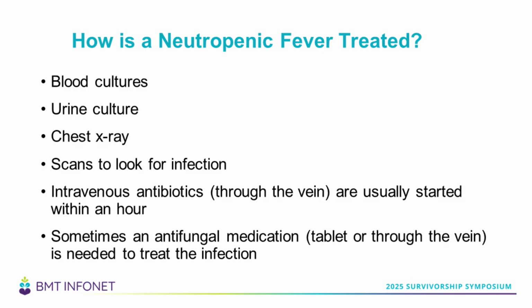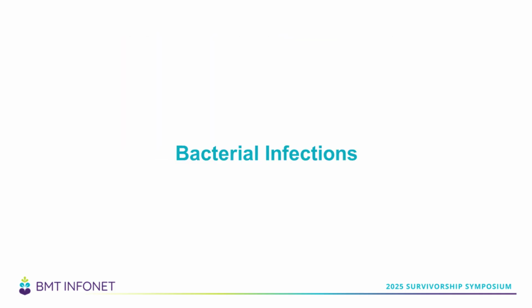Your team might obtain additional scans to look for infection. You'll be started on intravenous antibiotics. Those are antibiotics given through the vein, and these are usually started within an hour of you presenting to the hospital or to the clinic. And sometimes, in addition to antibiotics, an antifungal medication given through a tablet form or through the vein may be given for the infection.